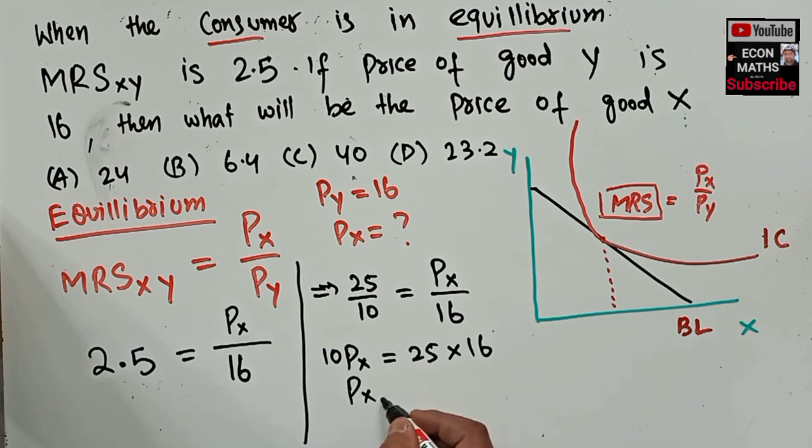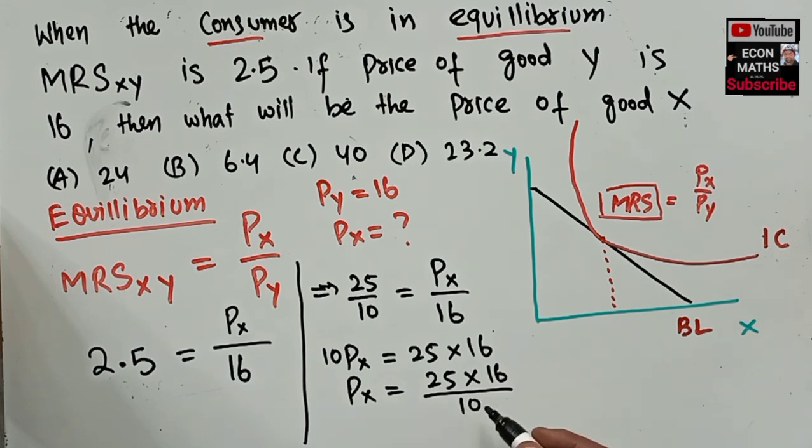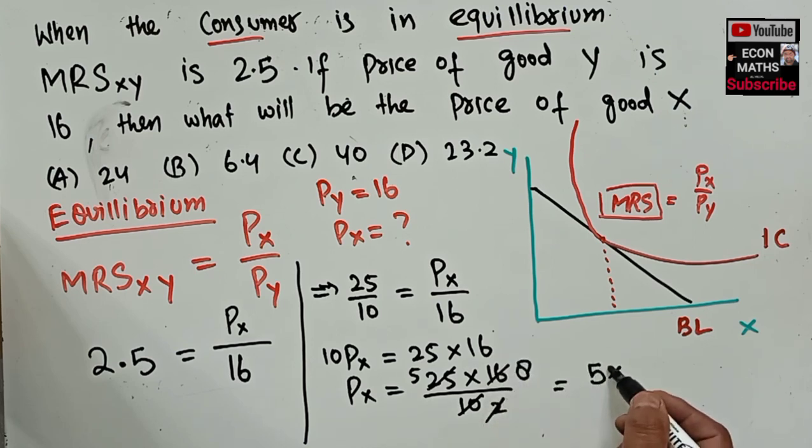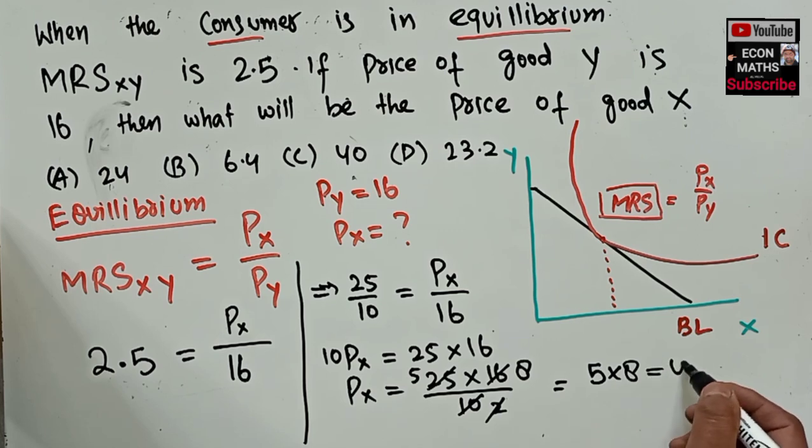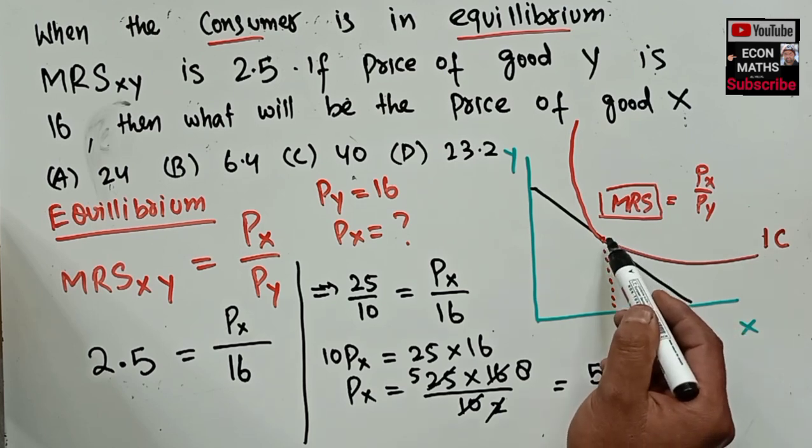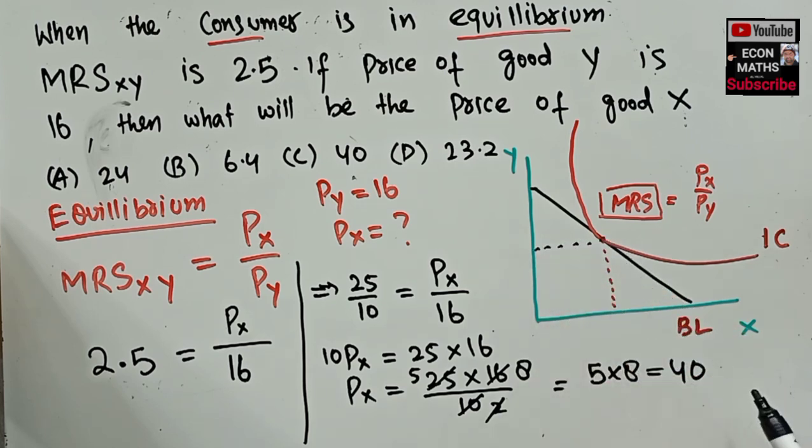So price of good X will be equal to 25 into 16 divided by 10. Okay, let us see what it comes out to be. 5 2s are 10, 5 5s are 25, 2 8s are 16, that means we get 5 into 8, which comes out to be 40. That means price of good X comes out to be 40.